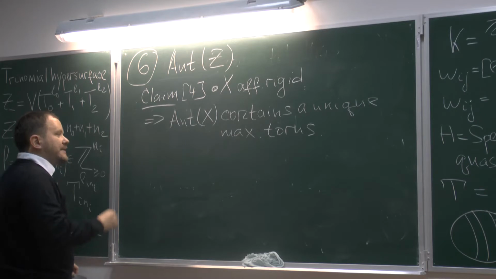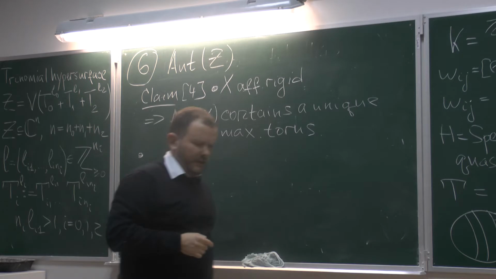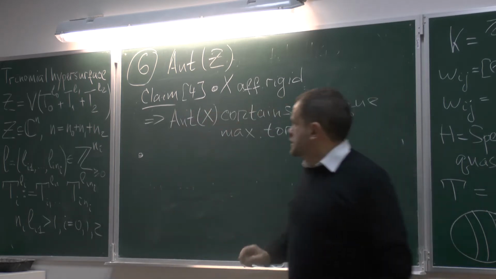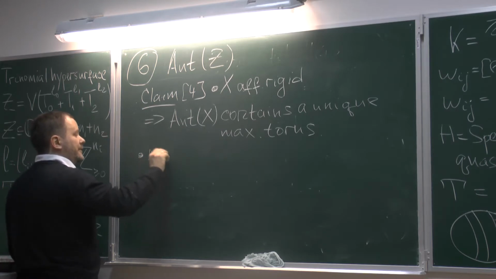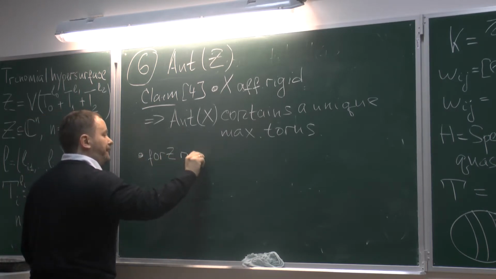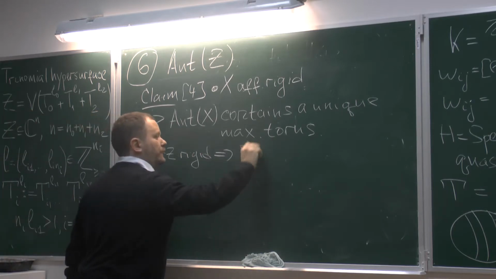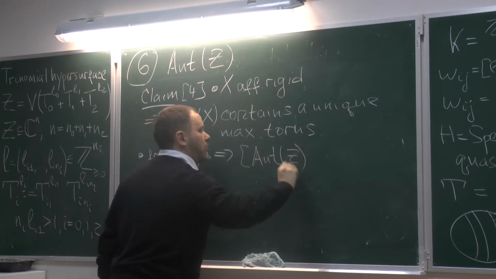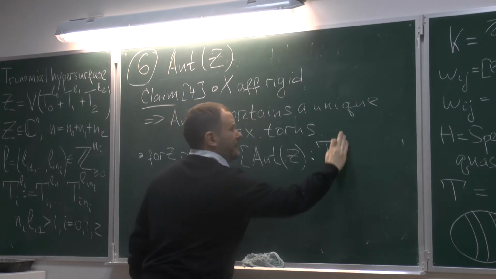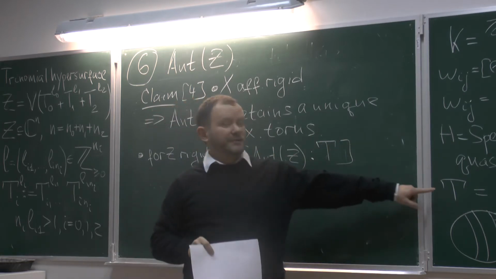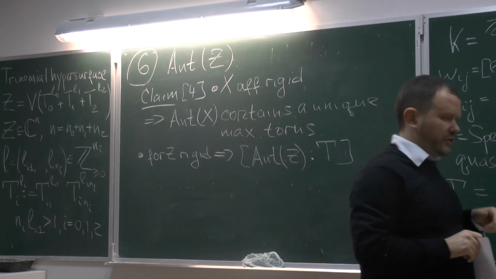And in some other cases, under some additional assumption, say when Z is my trinomial hypersurface and Z is rigid, we can prove that the automorphism group contains the maximal torus, and in fact the maximal torus will be precisely this one, because this is a torus of codimension 1 acting on the variety.